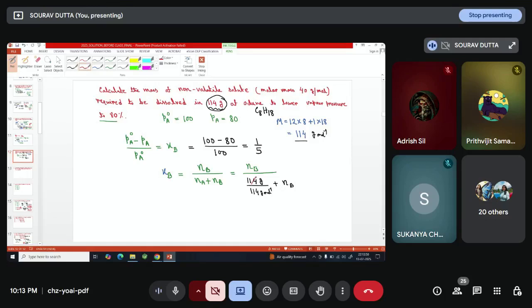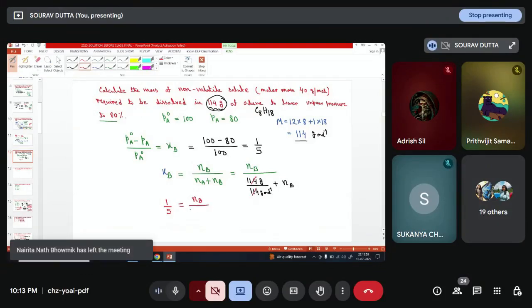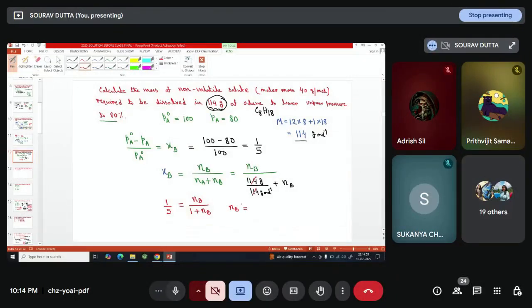You will get XB, this is basically 1 by 5 equals NB by 1 plus NB. So from here you get the value of NB: just calculate it and you will get NB equals 1 by 4 moles.